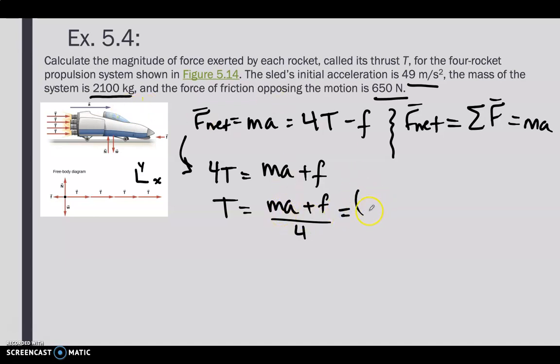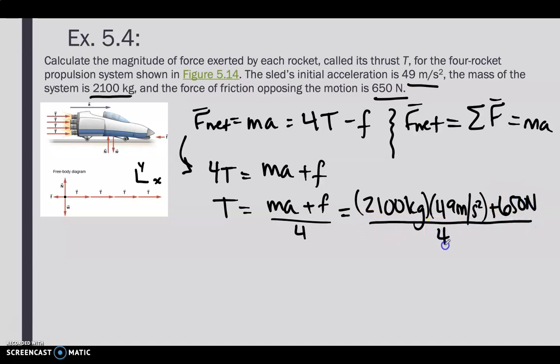My mass is 2,100 kilograms. My acceleration is 49 meters per second squared. Plus my frictional force is 650 newtons. And all of that's going to be divided by 4. Okay, so I'll put that into my calculator real quick.